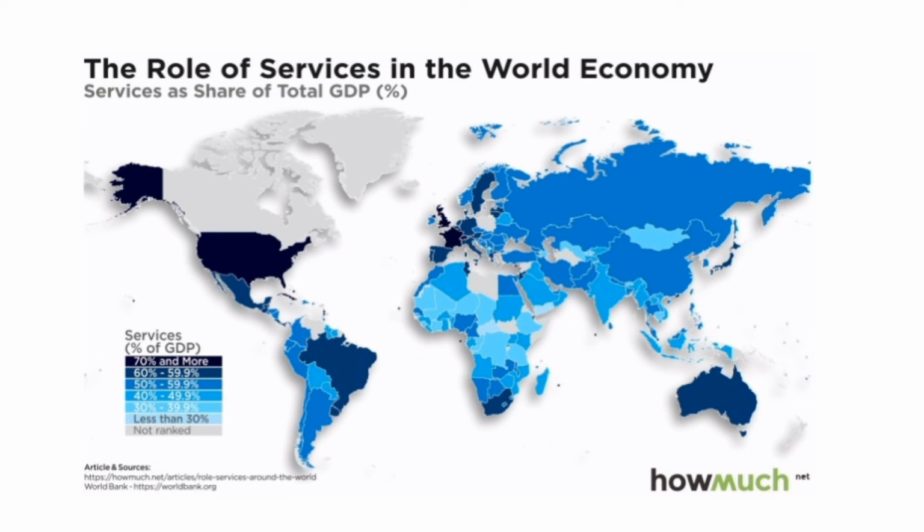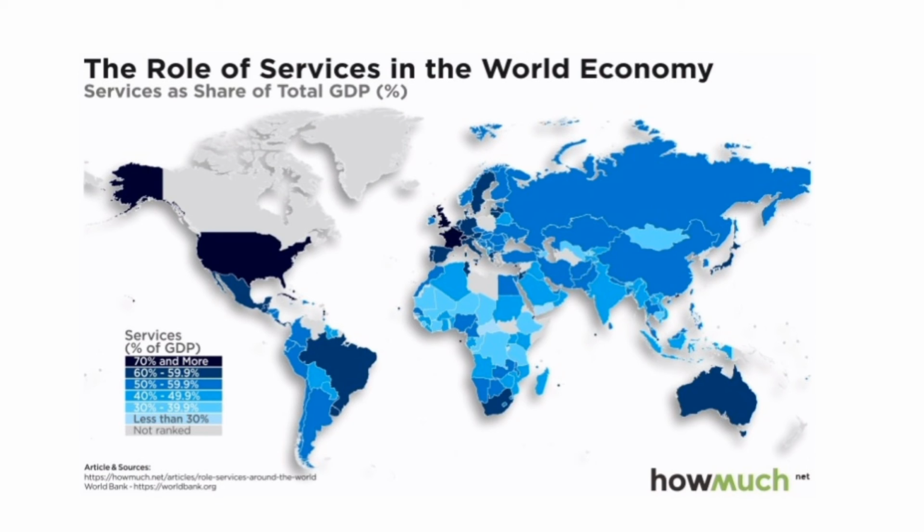And if we see the world map by service sector, then you can see that United States and Western European countries and Japan and South Africa and Brazil, their economy is mostly based upon the services sector, and these are first world countries, rich countries in world GDP.